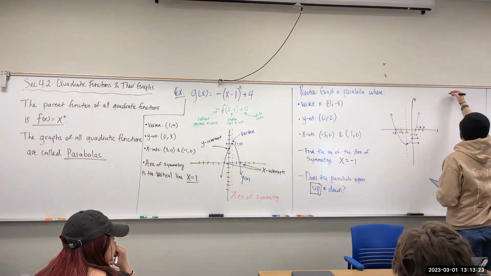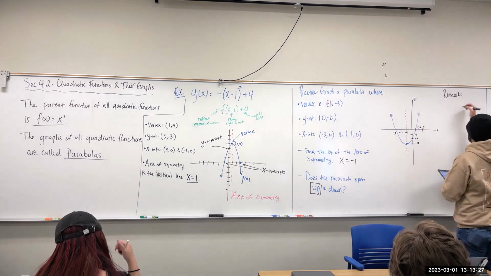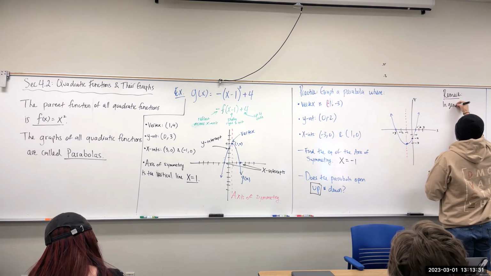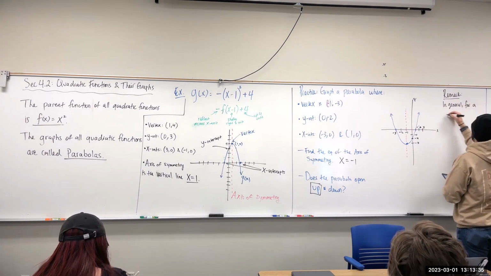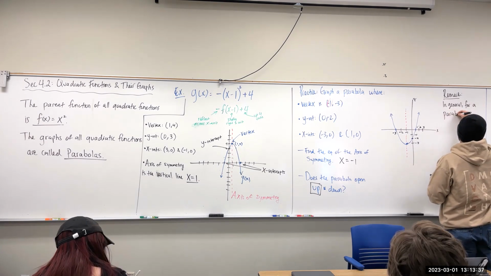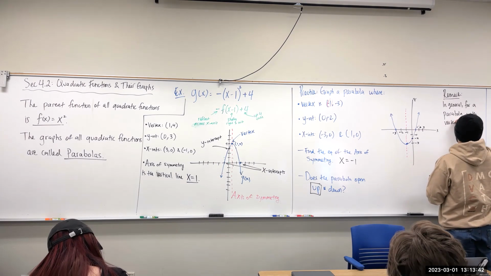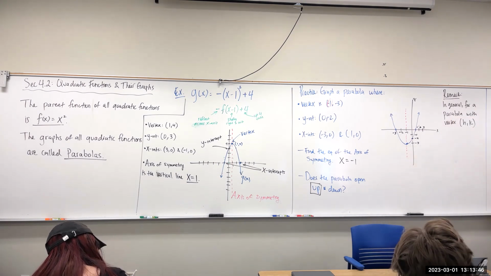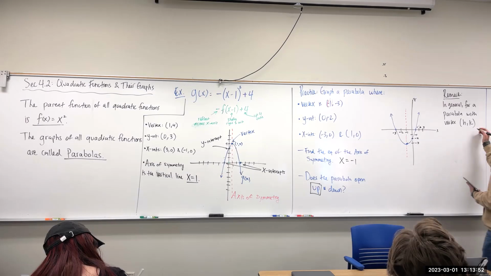And so that was actually a remark I was going to say. Remark: in general, for a parabola with vertex h comma k, we're going to call the h the x coordinate of the vertex, and k we're going to use for the y coordinate of the vertex.